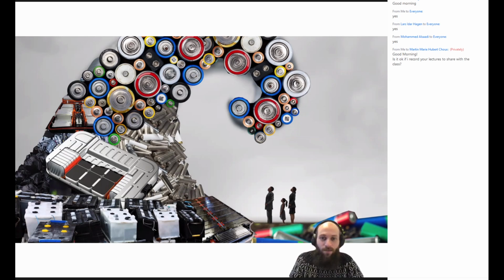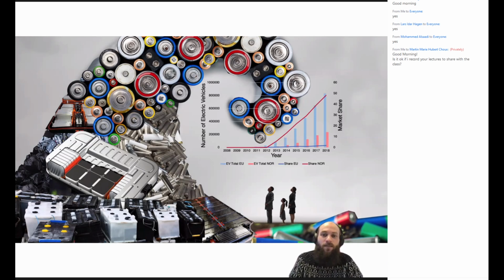And if we look at electric cars, for example, we see that especially in Norway, it's increasing a lot the last 10 years. Starting from 2011, we see that the market share for new EVs is increasing much faster in Norway than in the rest of Europe.